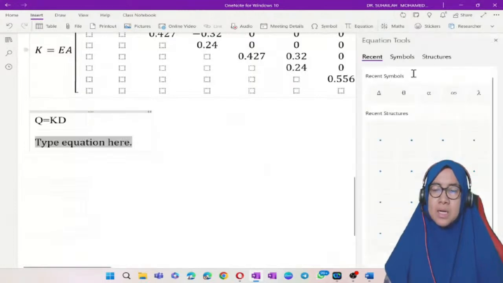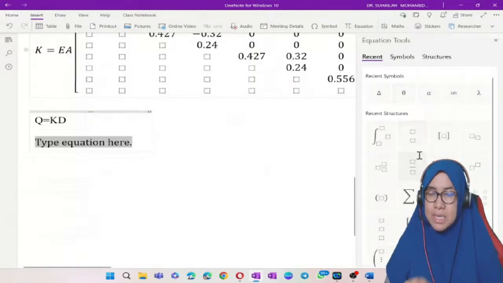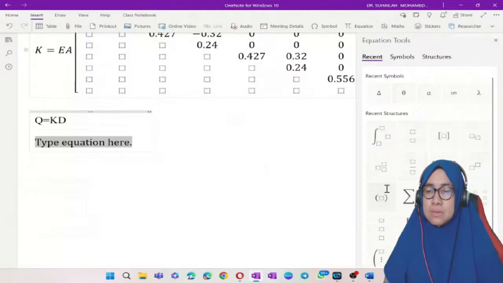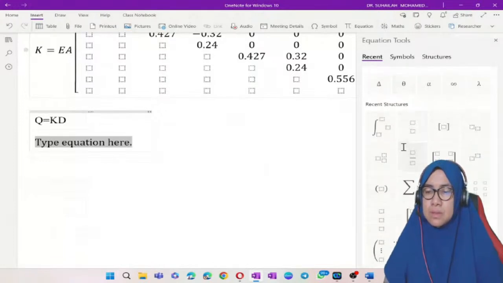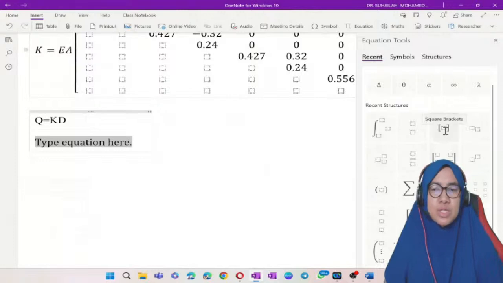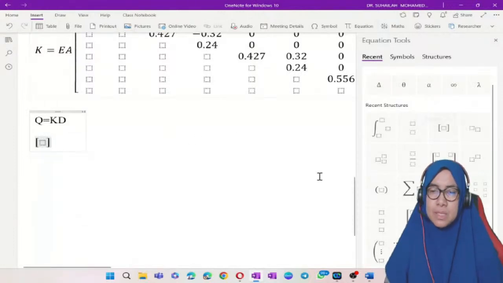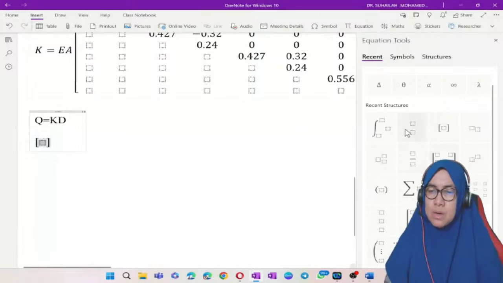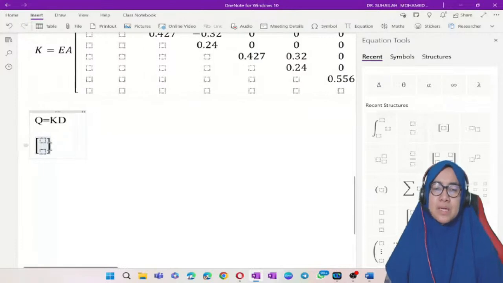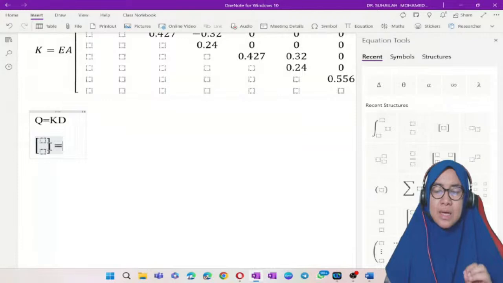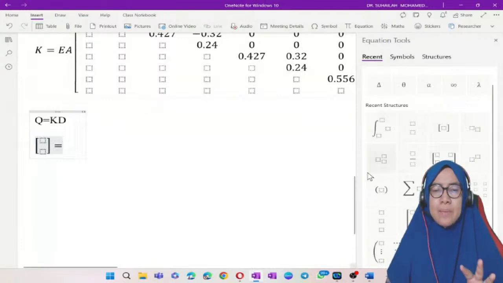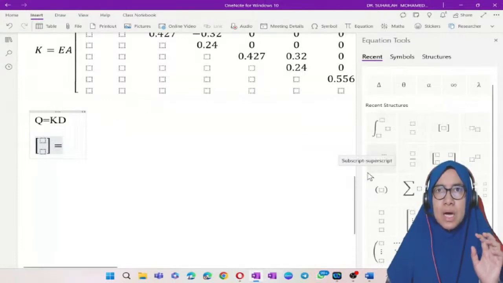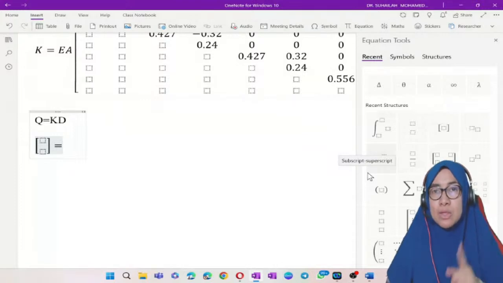What we want is position number 1 and position number 2, which represent Q1 and Q2. Q is equal to KD. For K, because we focus on 2 unconstrained, it means a 2 by 2 matrix.